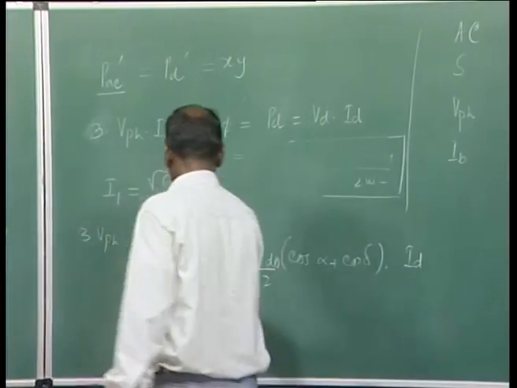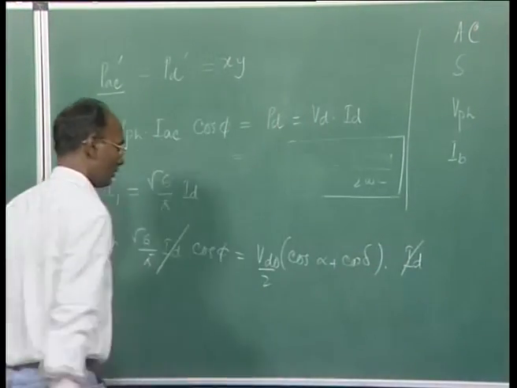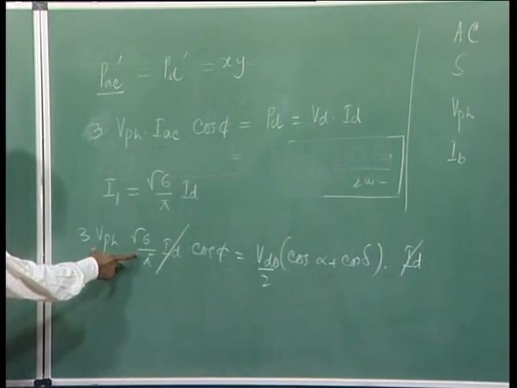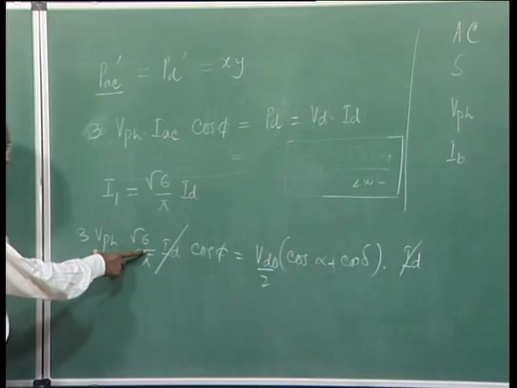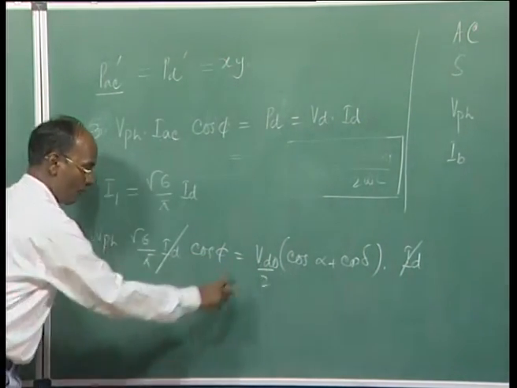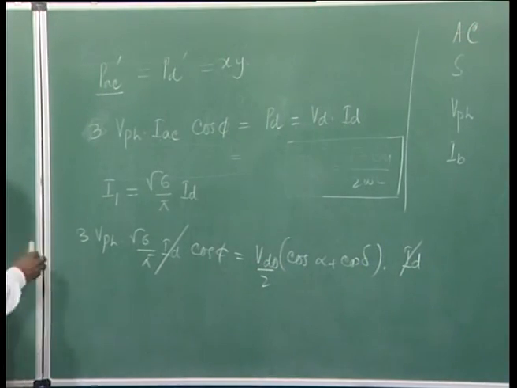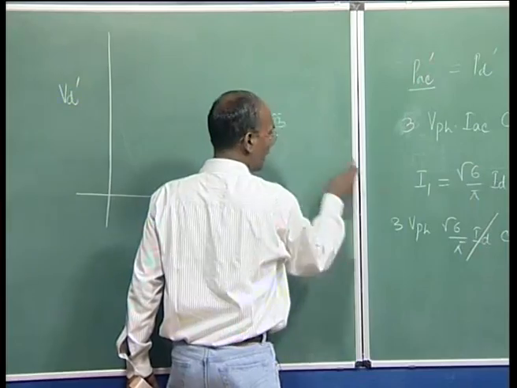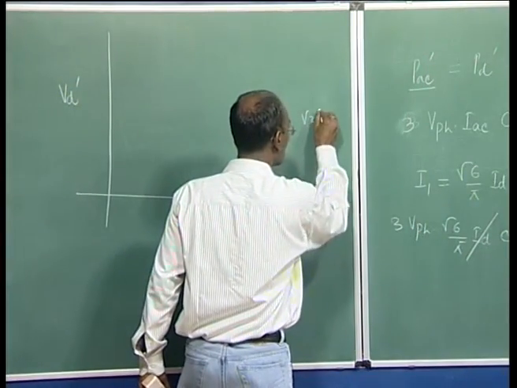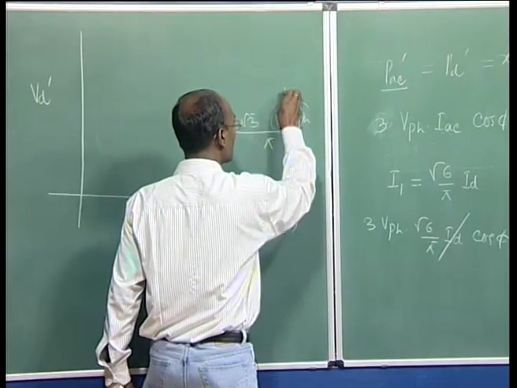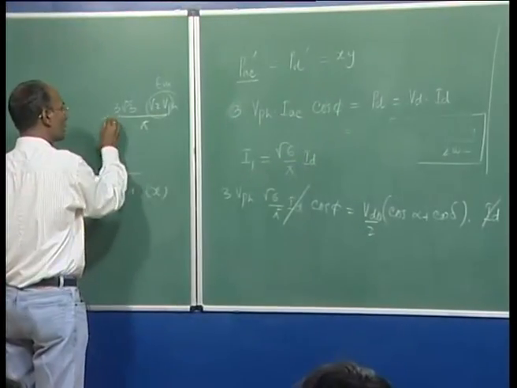Now this ID is cancelled here. Now you see what this value. This value is equal to this value, only VDO. Just put this value, you can see how much you are getting. This is 3 under root 3 multiplied by this VM divided by pi, and this is your EM, and this is nothing but your VDO.